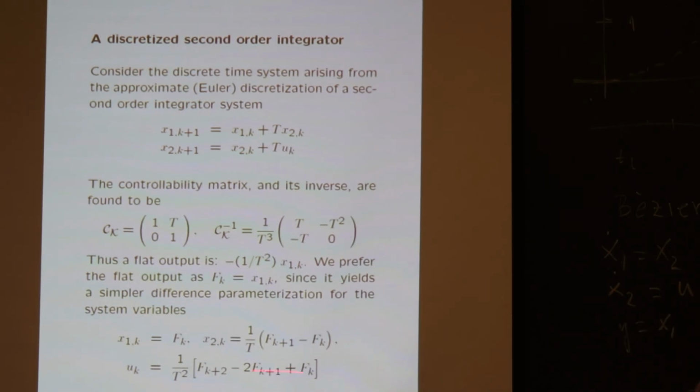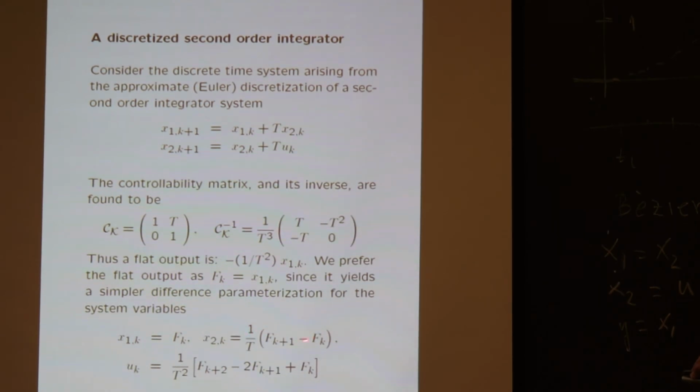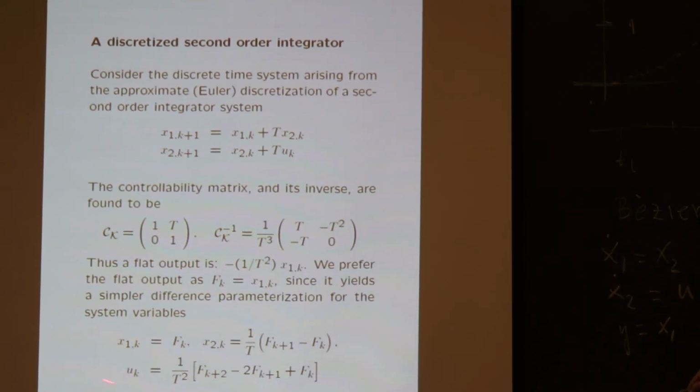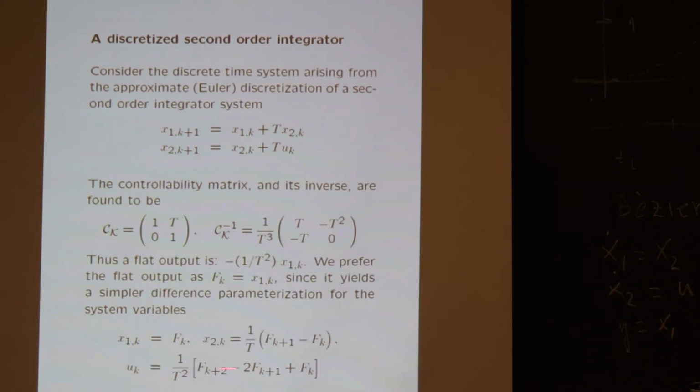So the input-output representation is given by this. And it's clear that the forward shift of the flat output is the second state, and the control is related to the flat output in this apparently non-causal manner.